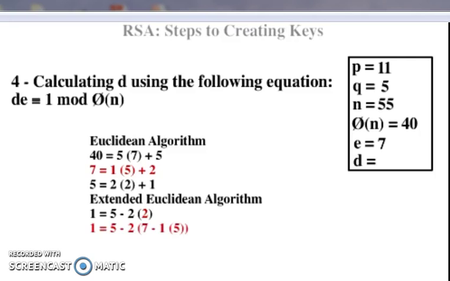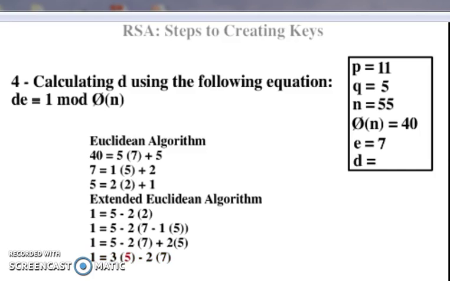So 1 equals 5 minus 2 times (7 minus 1 times 5). Extending this equation gives 1 equals 5 minus 2 times 7 plus 2 times 5. So combining common values, 1 equals 3 times 5 minus 2 times 7.